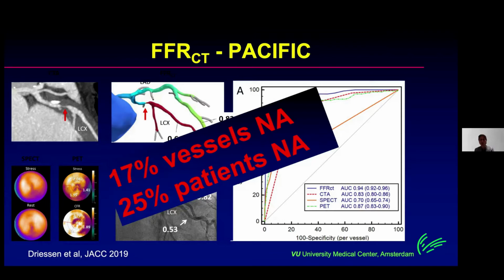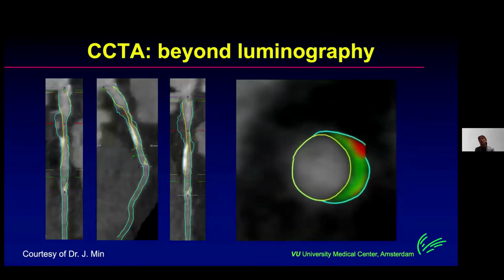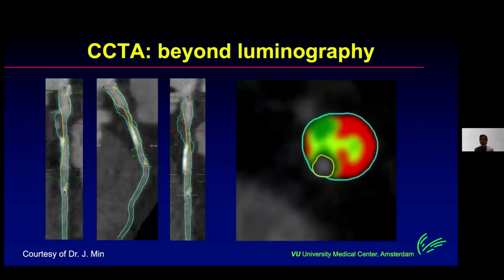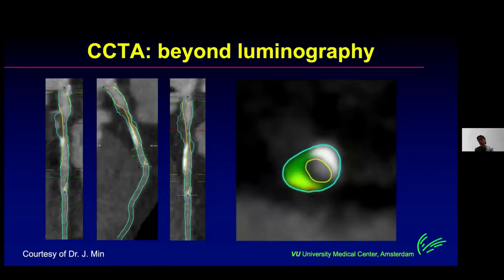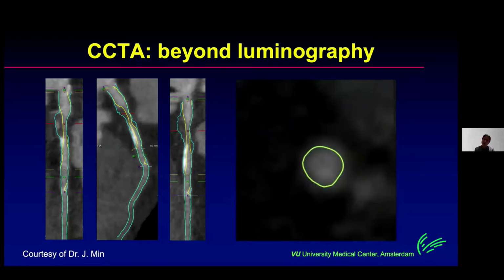And image quality is driven by low heart rate, scan quality, obviously field of expertise, but it's important because that's much lower than what we're used to in functional testing. But one more important thing to say about these issues is the fact that CTCA goes beyond luminal angiography, because it also tells you something about what the plaque features are.